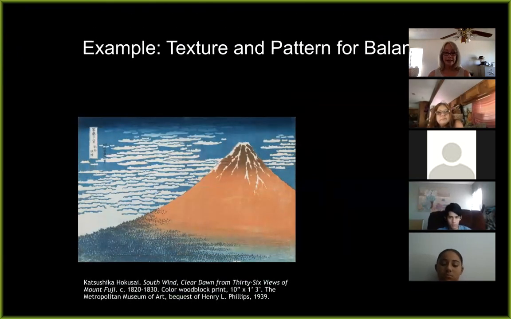Here's a Japanese woodcut that is a great example of this. It shows the really large red mass on the lower right that is balanced out by all the texture in the sky to the left.